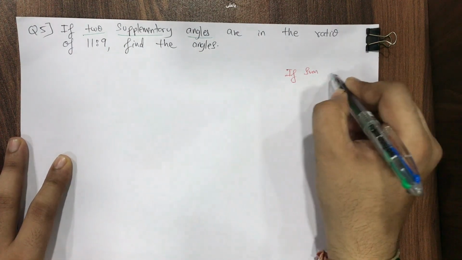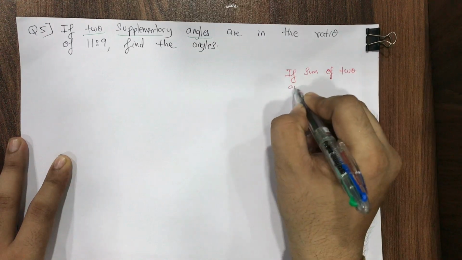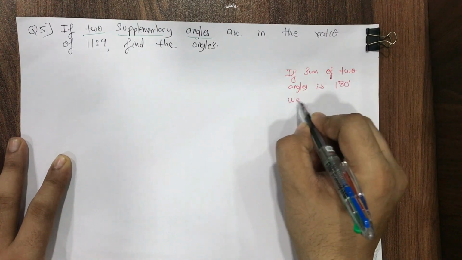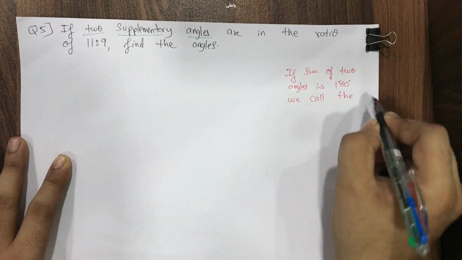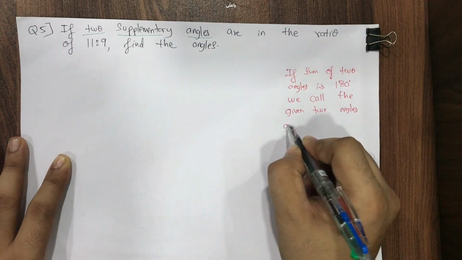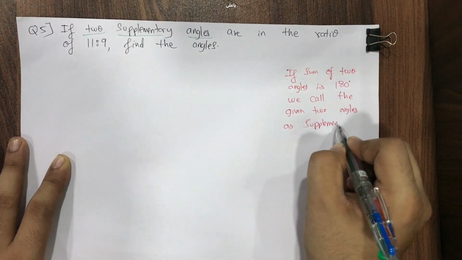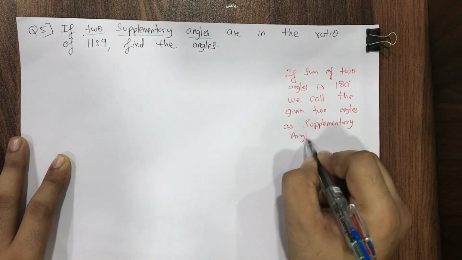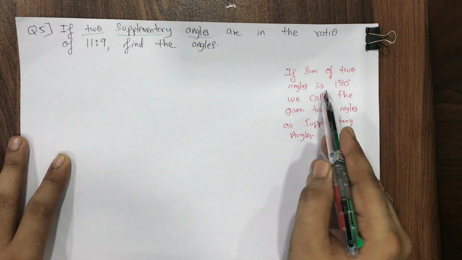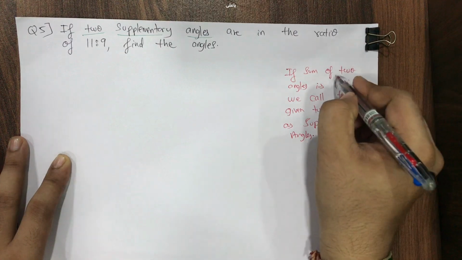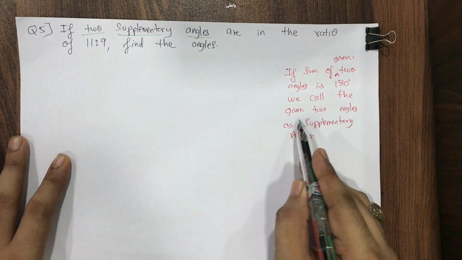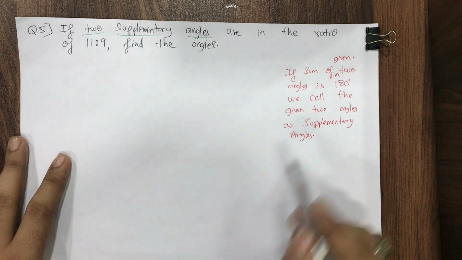If the sum of two angles is 180 degrees, we call the given two angles supplementary angles.